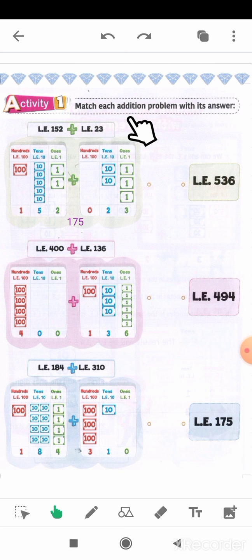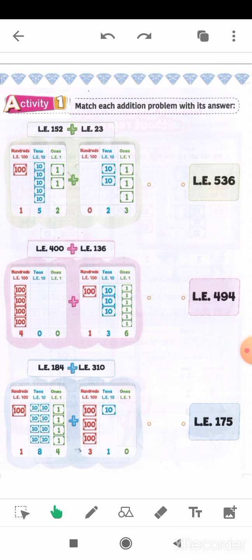Match each addition problem with its answer. So we have as first here 152 and 23. We will add and match with the same number here.